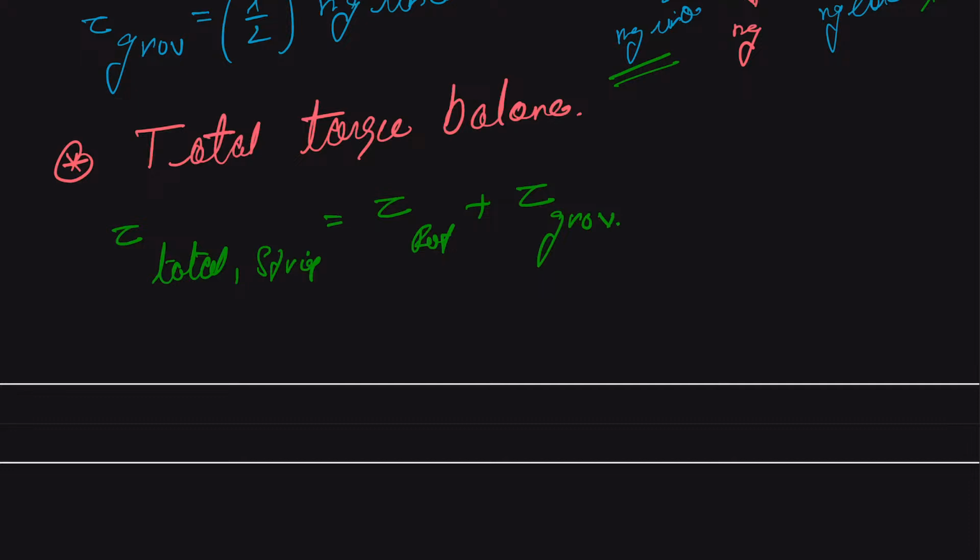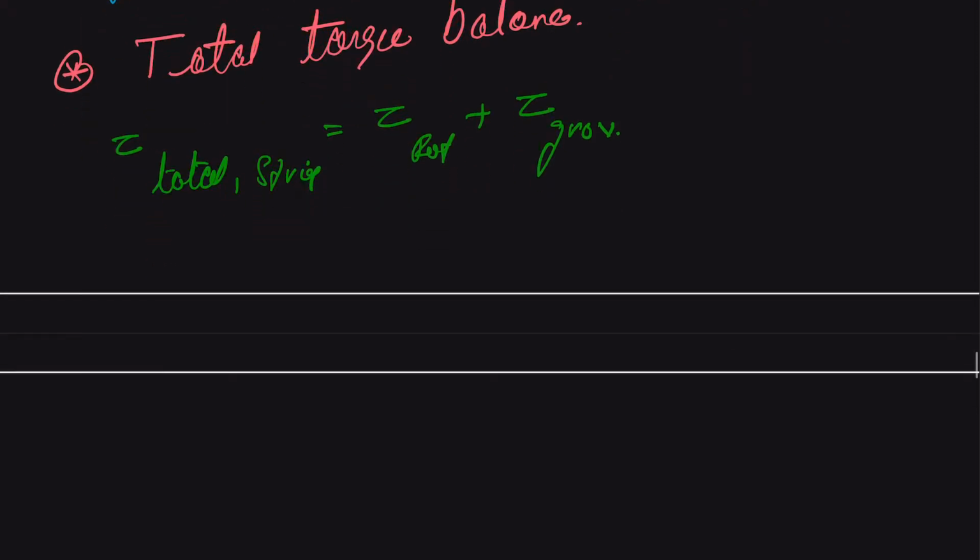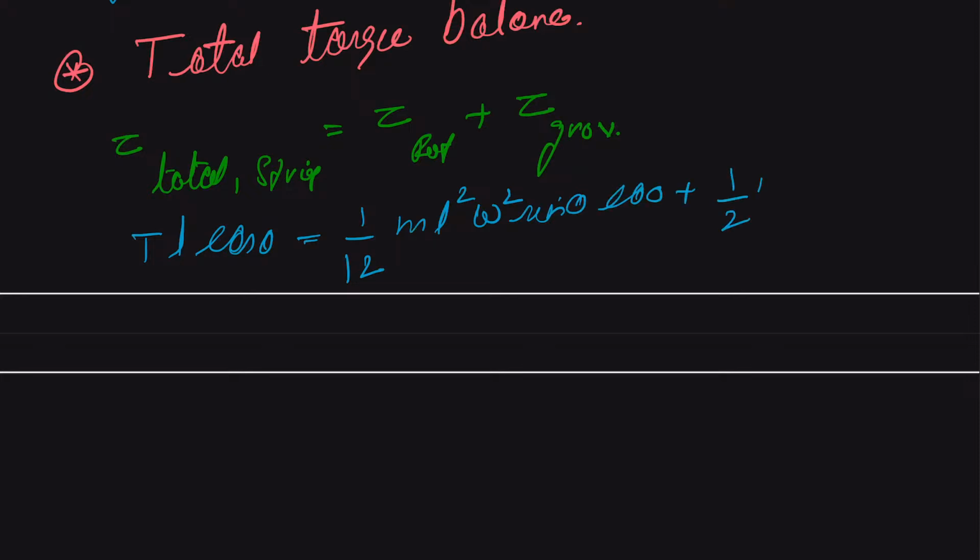Now we simply substitute their respective expressions. So we get TL cos of theta is equal to 1 by 12 ml square omega square sine of theta cos of theta plus 1 by 2 mgl sine of theta.